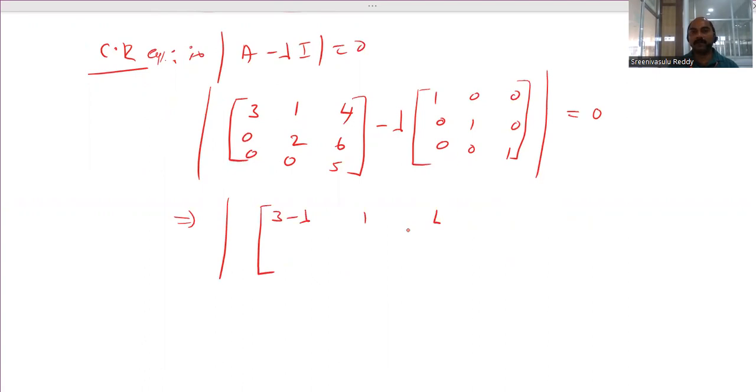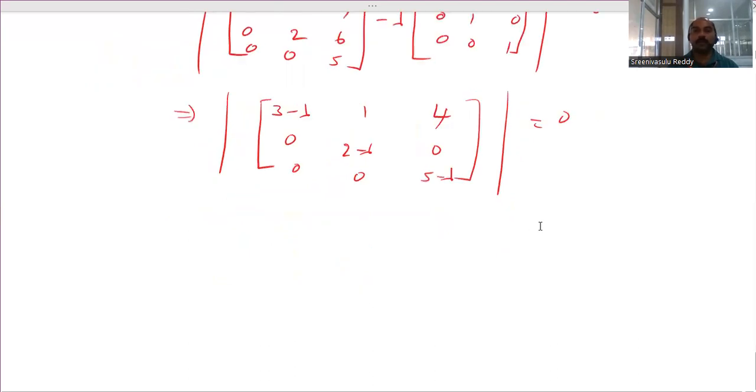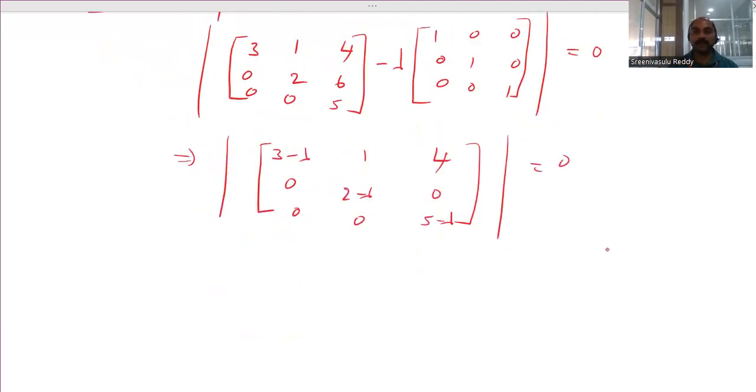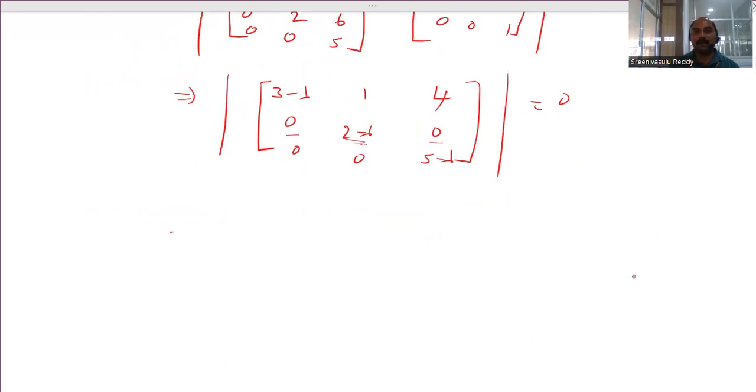Only diagonal elements change. We could expand this matrix by the second row, which is better because already 2 entries are zeros, or otherwise take the product of the diagonal elements. No need, don't worry. You can expand by the first row, no problem: 3 minus lambda times the determinant of 2 minus lambda, 6, 0, 5 minus lambda.